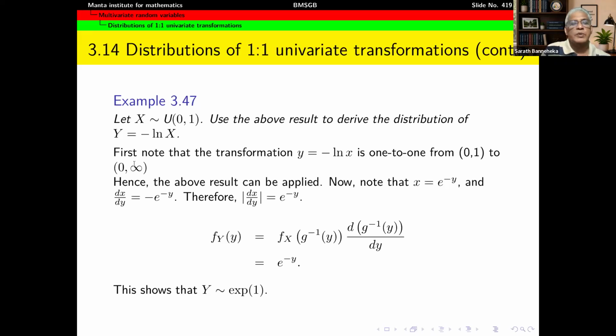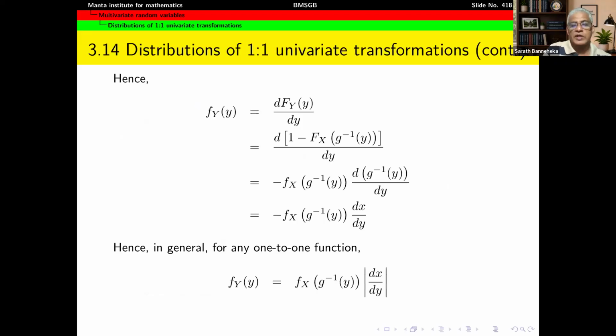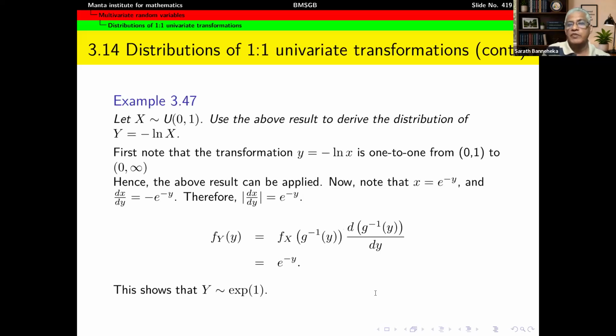So therefore, because it's a continuous transformation, we can now apply the previous result directly. In order to apply that, we have to write down this thing here. We have to substitute g inverse y. That means we have to find x in terms of y, and then also find the first derivative of x with respect to y.